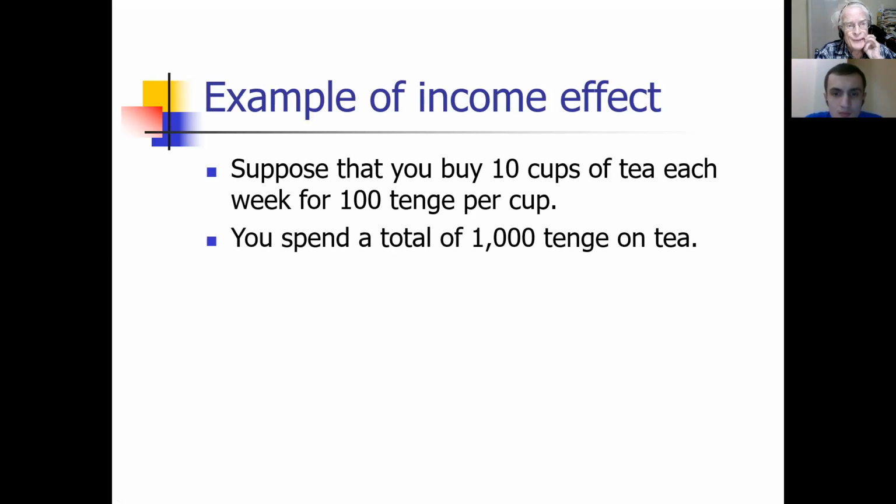Here is a numerical example if this will help. Suppose that usually we buy 10 cups of tea per week for 100 kg. So overall, you and I are spending 1,000 kg on tea.